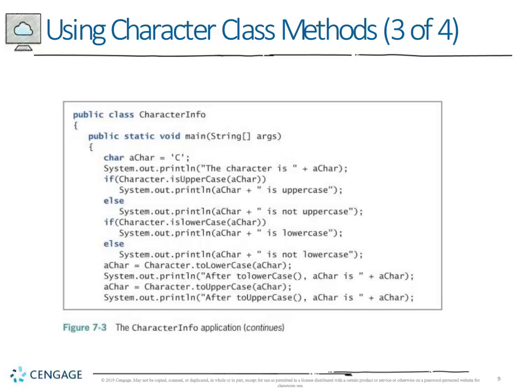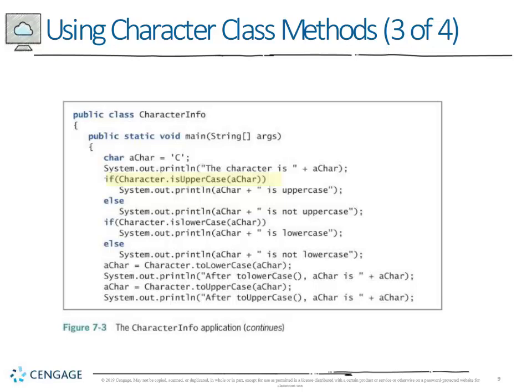Then we have System.out.println. We print out the character is uppercase C. Then we call the method isUpperCase. So Character, and it must be uppercase C, Character.isUpperCase, and we pass the parameter aChar. So Character.isUpperCase(aChar) will return a Boolean value.